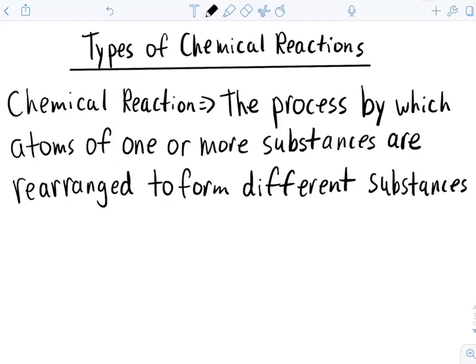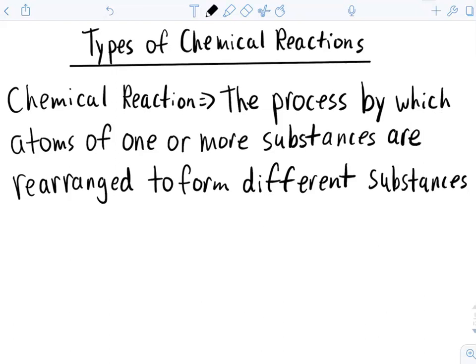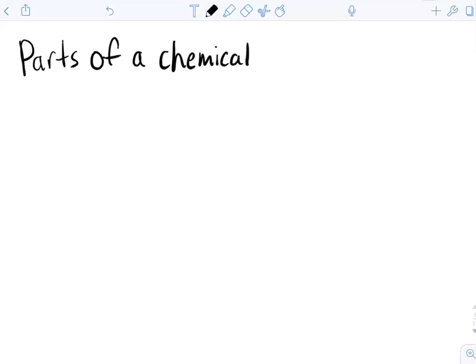So basically, we're going to be putting some things together and then making some different things as well, which leads us to the parts of a chemical reaction.